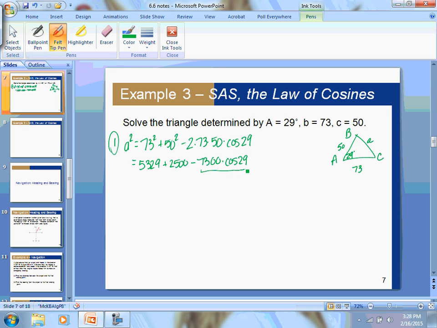Eventually you're going to have to do that anyway. You're going to have to multiply those together. Okay? So you'll need the 5329 and the 2500 minus, I believe you get 6384.7239.